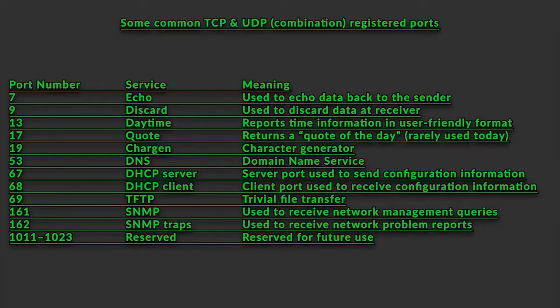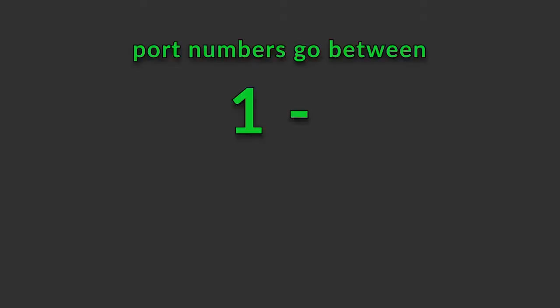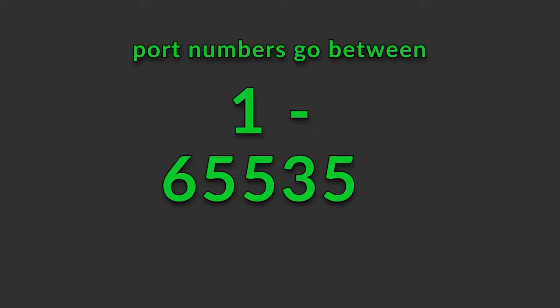It's important to note that whilst most internet services run on TCP, there are a number of simple services that run on UDP, and some, like DNS, use both TCP and UDP, so bear that in mind. It's also worthwhile to know that port numbers range from 1 through to 65,535.